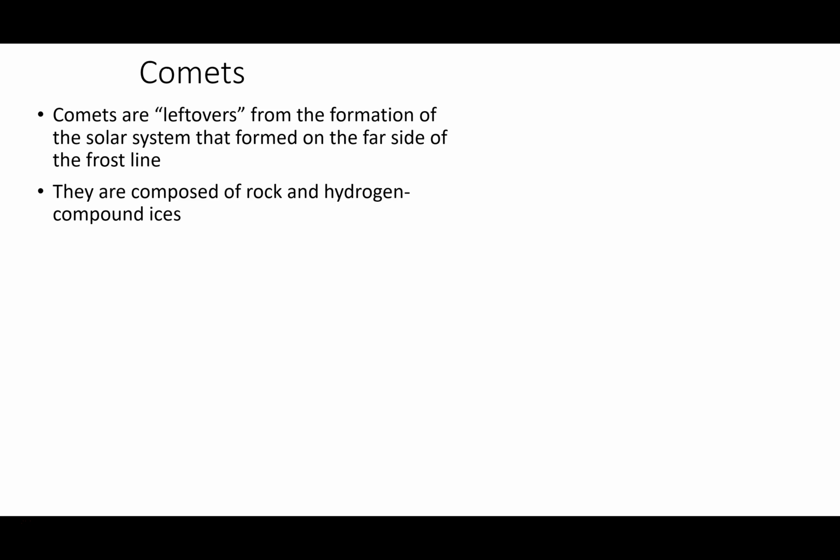Okay. So comets, like asteroids, are left over from the formation of our sun and the planets. We collectively call the sun and planets the solar system. Now, what planets is the asteroid belt between? Mars and Jupiter, yep. And later on, we're going to call that break the frost line.